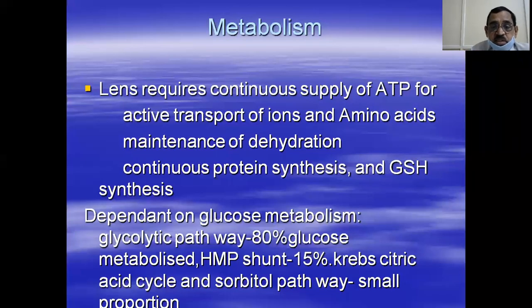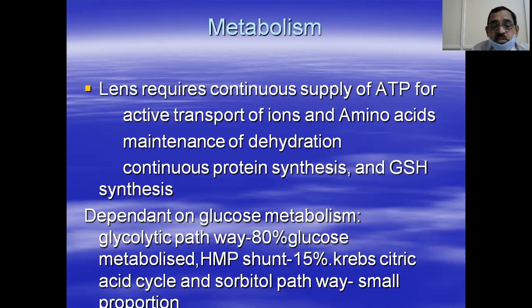Metabolism of the lens requires a continuous supply of ATP for active transportation of ions and amino acids, to maintain the relative dehydration of the lens, and also for continuous protein synthesis and GSH synthesis. The lens is dependent on glucose from the aqueous humor because it is avascular, and some amount of nutrition is given by the vitreous also.